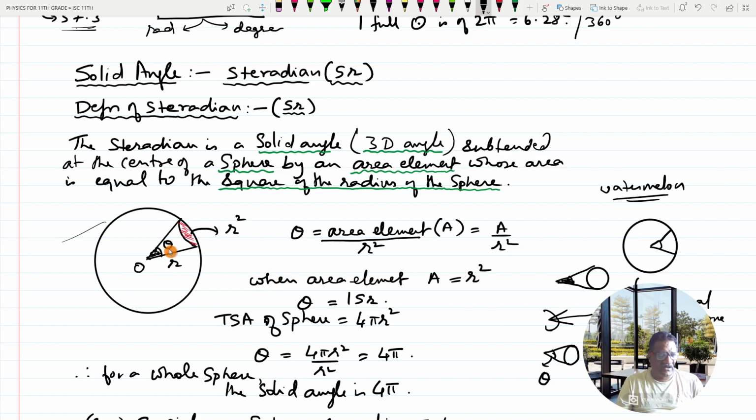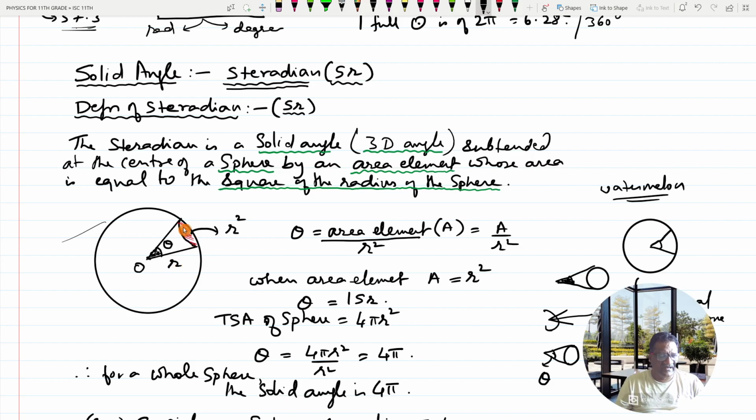Now this solid angle theta has a value equal to 1 steradian when this surface area on the watermelon, a small area, is equal to r square.